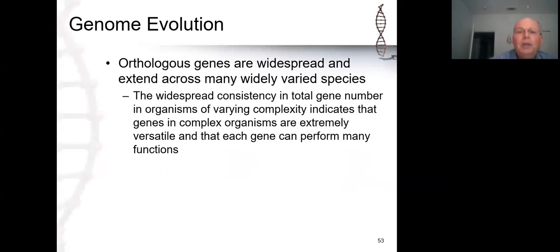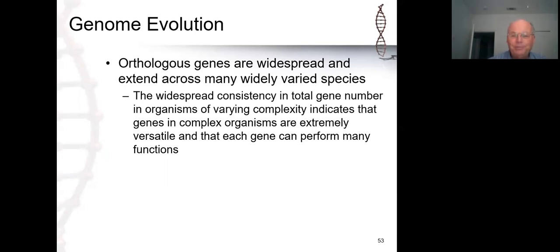So one of the problems is that while orthologous genes are the ones that we want to look at as markers of speciation, we still need to be able to recognize them in the species that we believe are closely related to each other or are distantly related to each other.